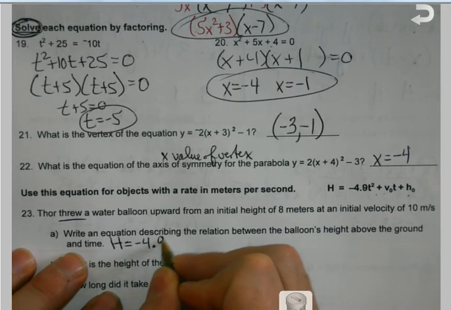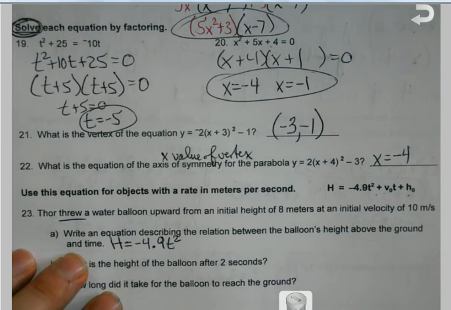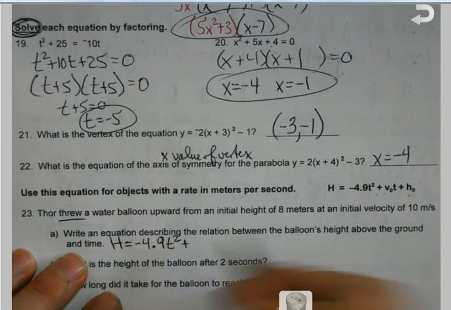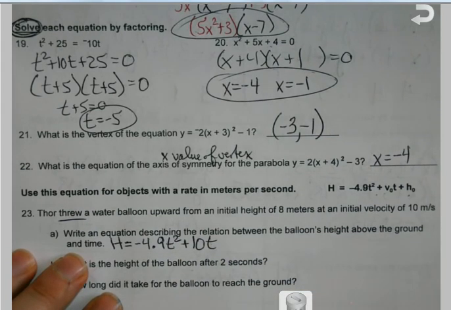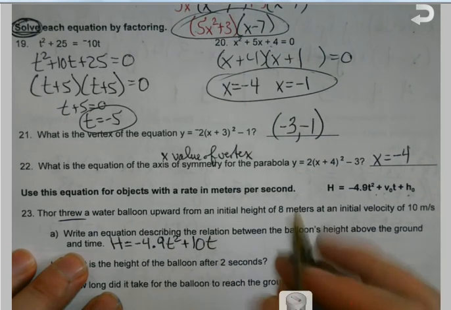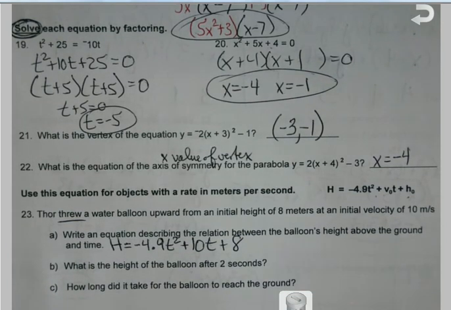That negative 4.9 t squared is not going to change. I don't know anything about t yet. My velocity is going to be 10. And my initial height is at 8 meters. Okay, that's all I need as far as the equation goes at the start.